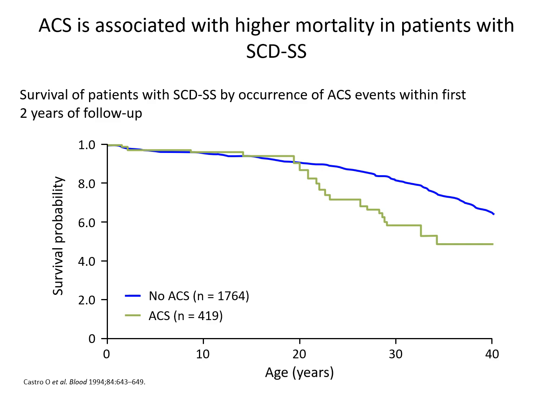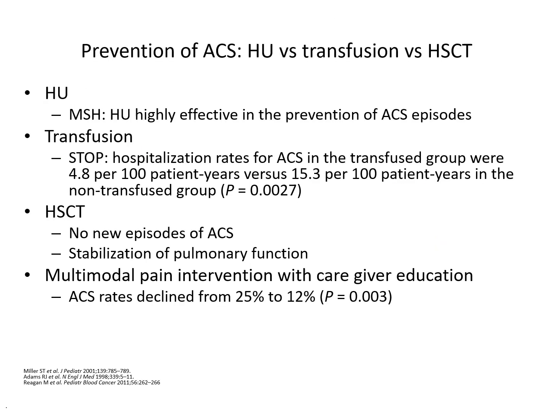Now, because of the increased mortality with multiple recurrent episodes and the morbidity, it's very important to prevent recurrent episodes of acute chest syndrome. And here we have our three known therapeutic modalities: hydroxyurea, transfusion, and stem cell transplant.